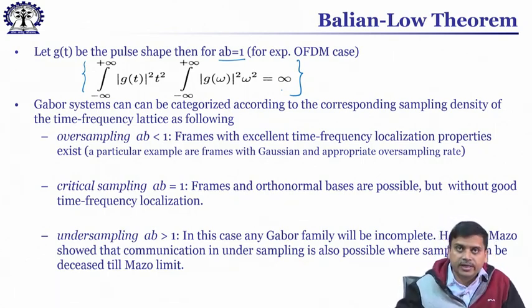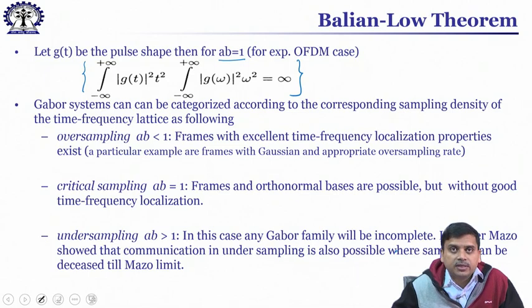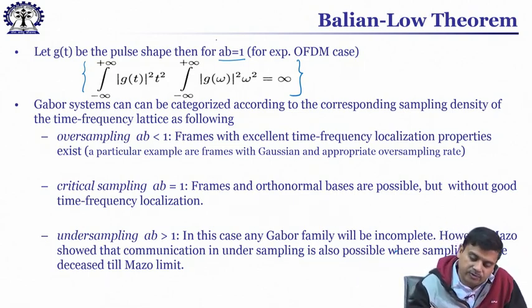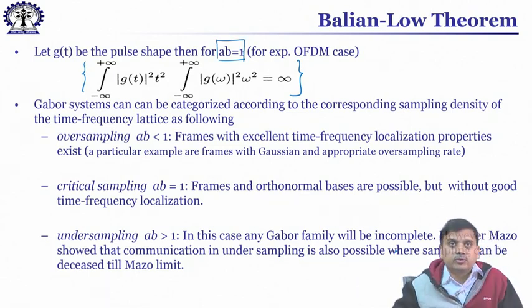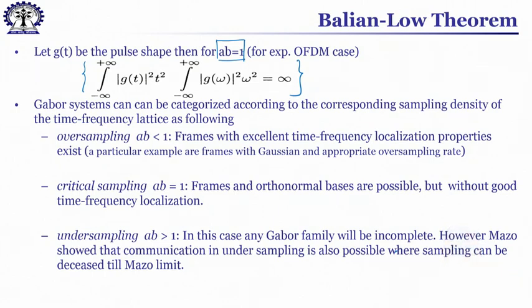What it effectively means is that time-frequency localization is not possible if you have the coefficient set as ab equals 1. That means if your lattice is structured in this manner, then it is not possible to have well localized time-frequency signals.